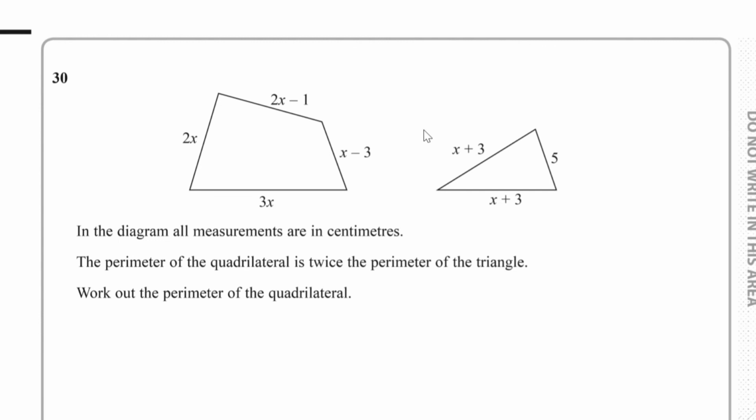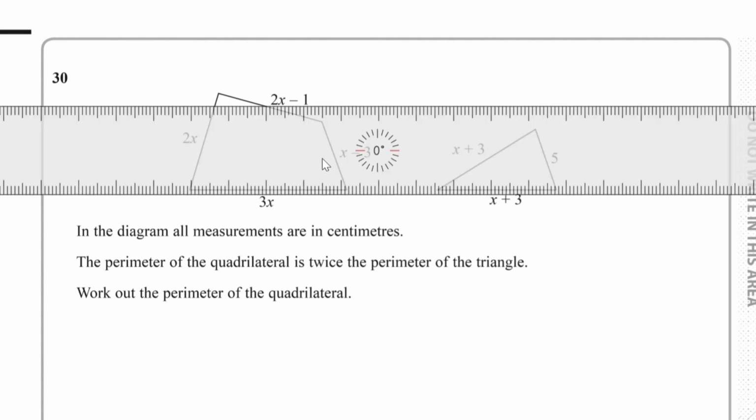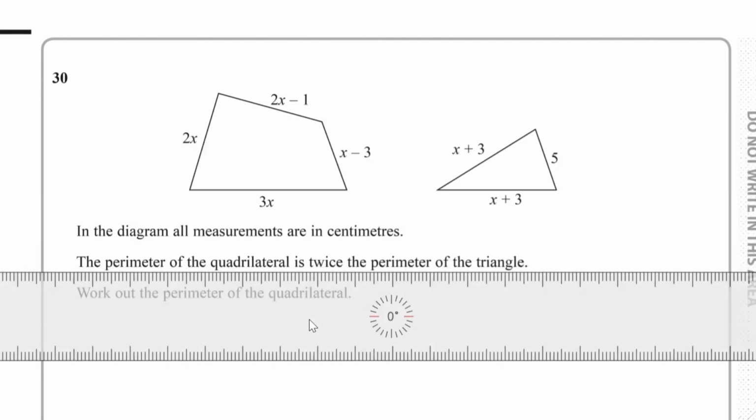Question number 30. In the diagram, all measurements are in centimetres. The perimeter of the quadrilateral is twice the perimeter of the triangle, and we have to work out the perimeter of the quadrilateral. So we've got the quadrilateral and the triangle.